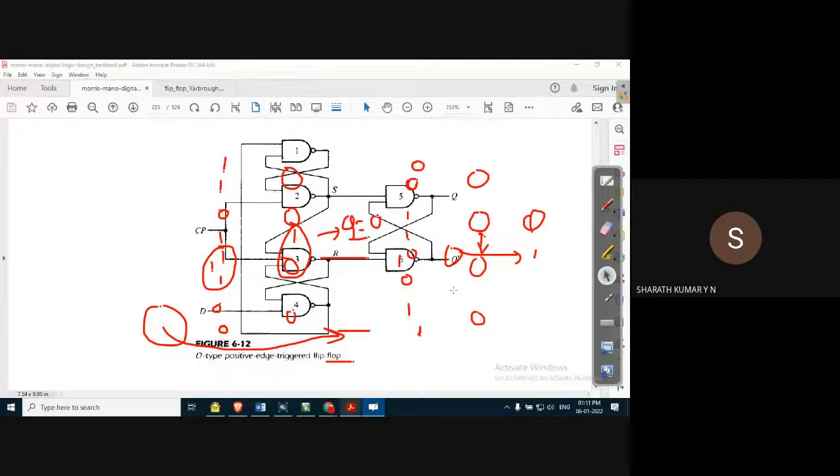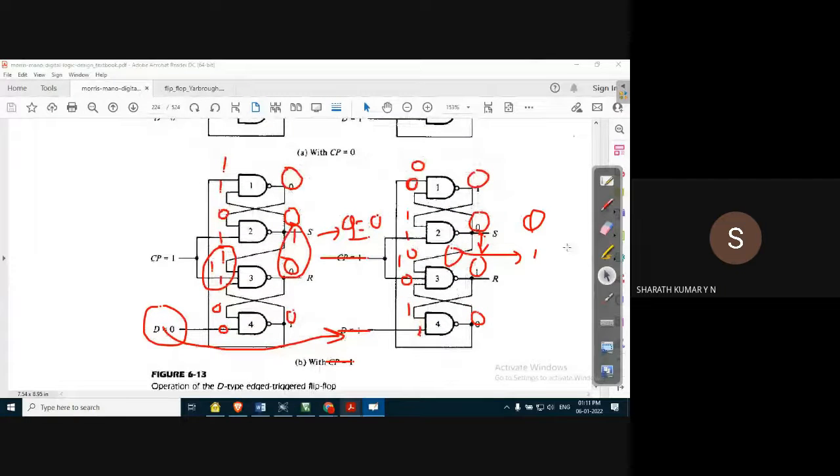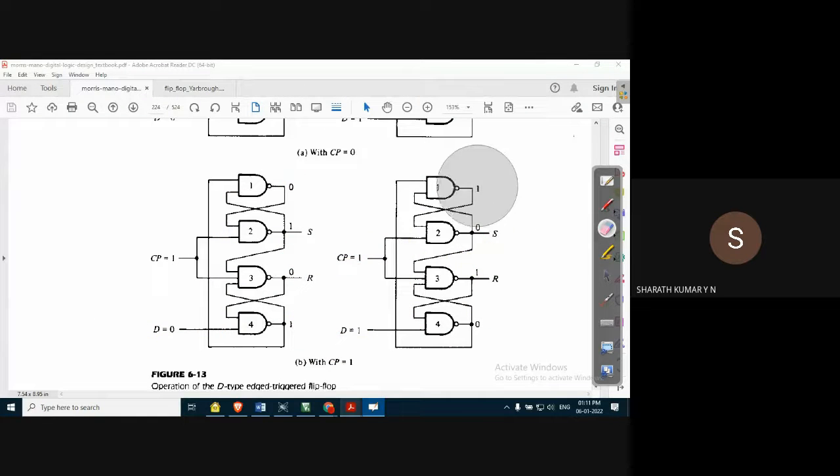So what we understand from this discussion is that though the clock pulse remains the same, if the input is changing, the output will also change. But the clock pulse, whether 0 or 1, will affect the circuit only when the clock pulse changes.